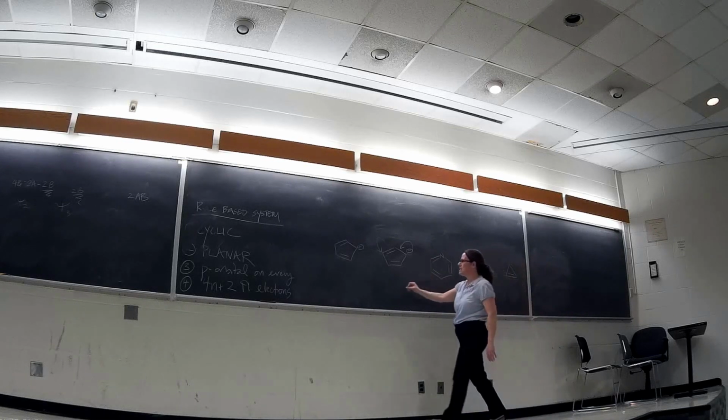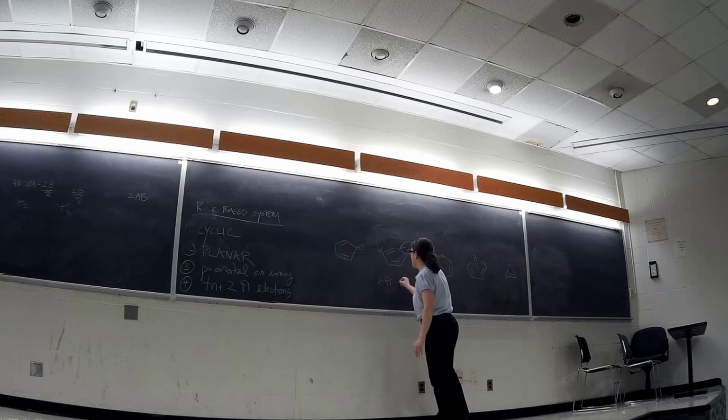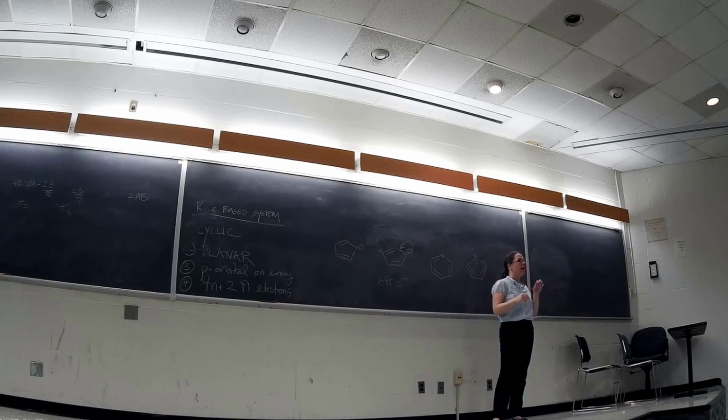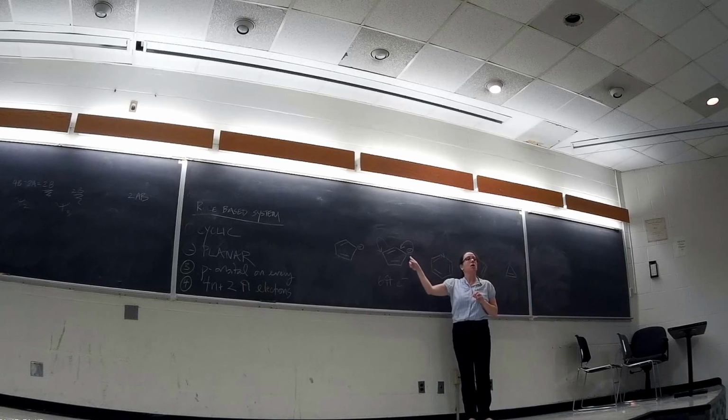So this system here has 6 pi electrons. 2 of them are clearly the double bonds that are clearly shown in the contributing structure on the board. But the last 2 pi electrons come from the fact that if this electron pair can resonate, it is part of the pi system, okay?